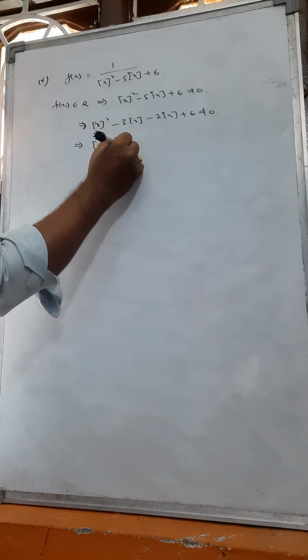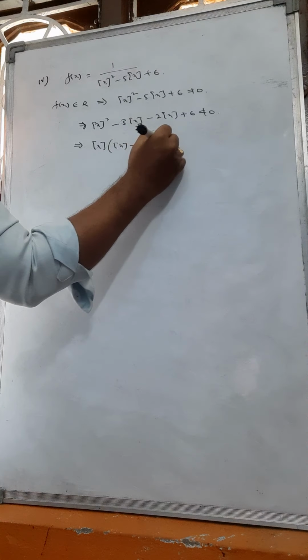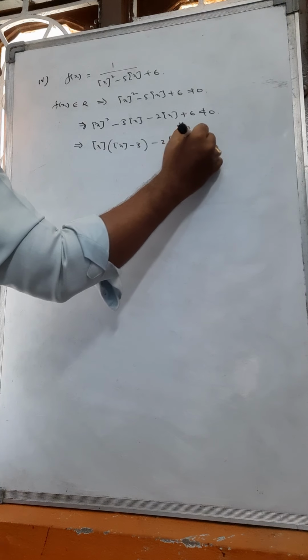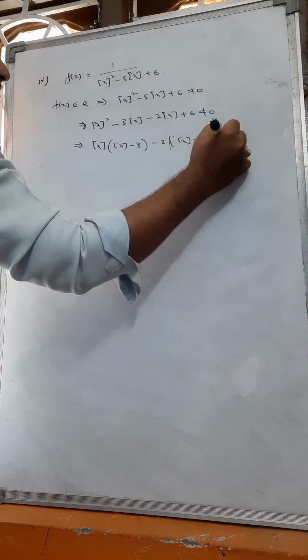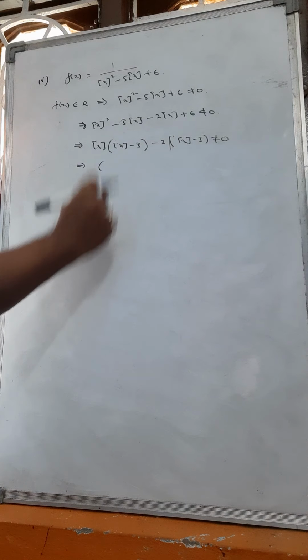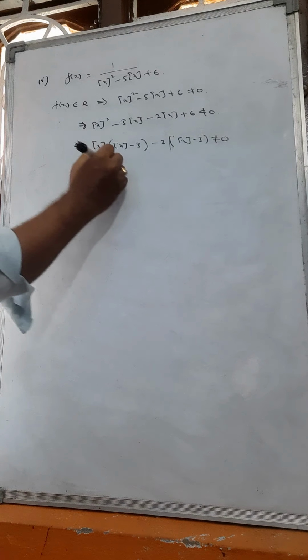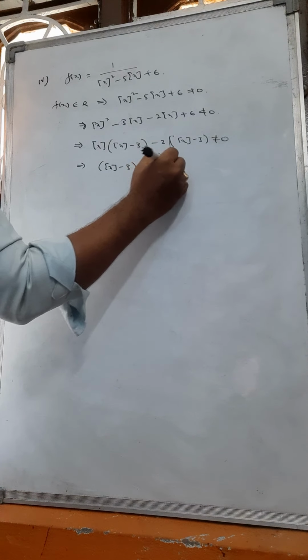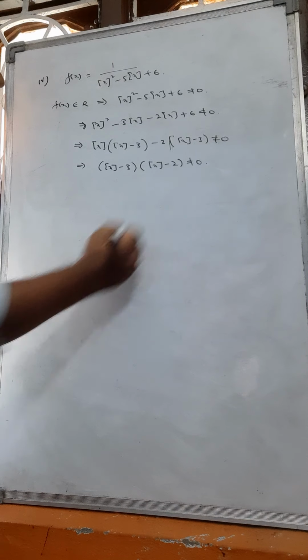We will get [x]([x] - 3) - 2([x] - 3) is not equal to 0. So [x] - 3 is common, and we will get ([x] - 3)([x] - 2) is not equal to 0.